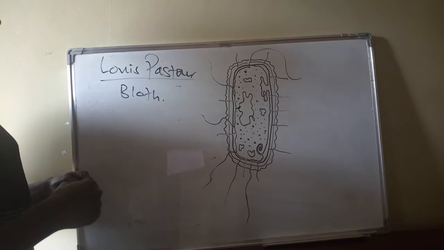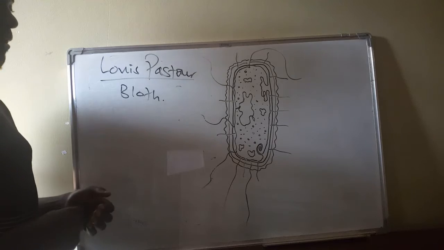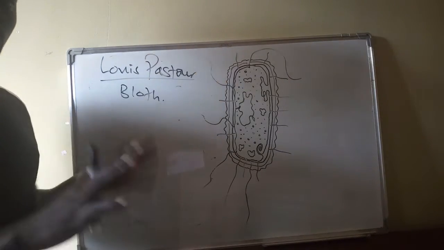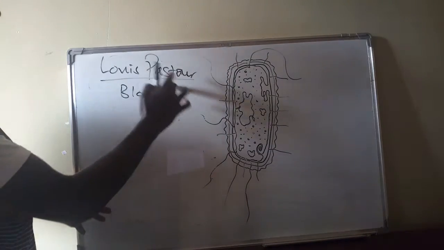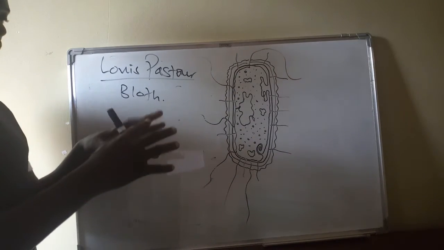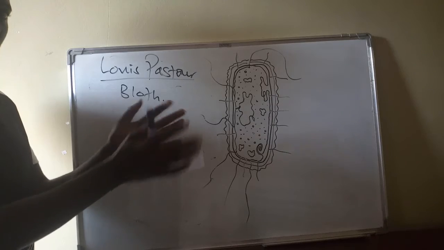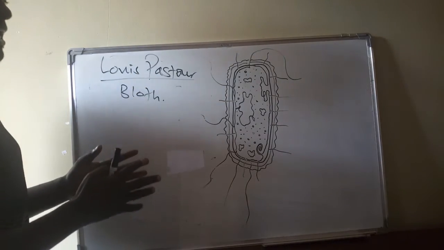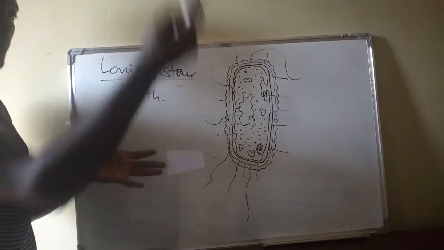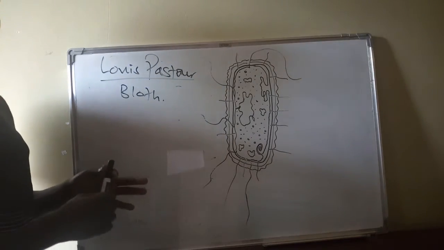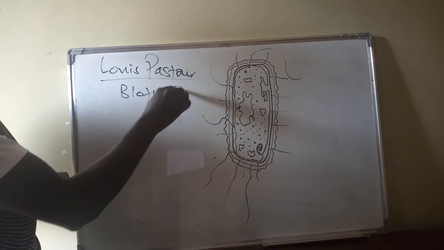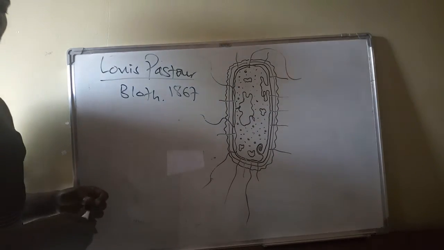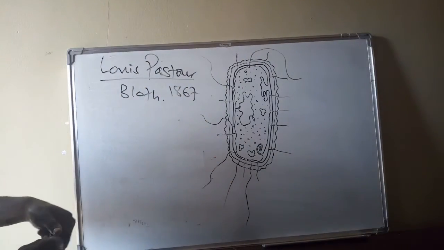He used boiled broth and left it in two flasks, one covered and one not covered. He realized that in the uncovered flask, microbes were able to grow. At that level, he didn't know that they were bacteria, but he realized that they are within the air, and that's why they were able to enter the flasks. The year was 1867, a few years after Gottfried's research.